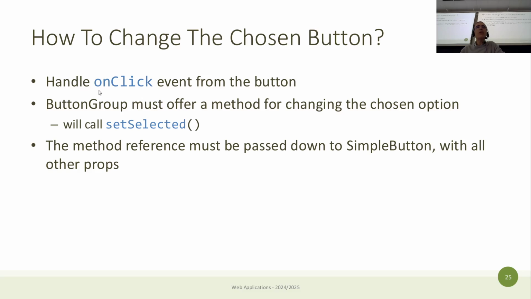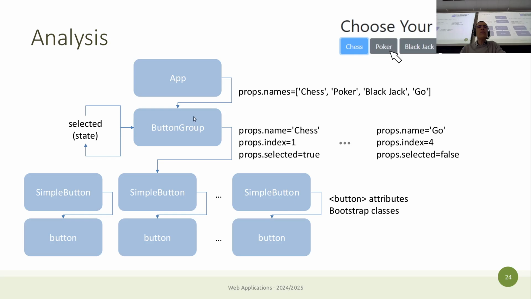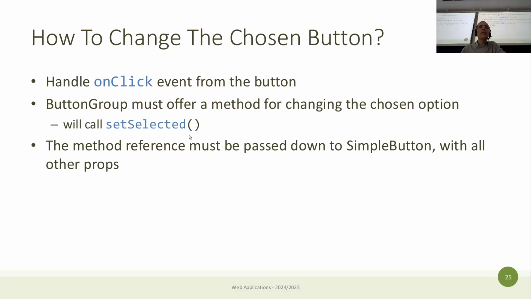Well, we need to handle the onClick event from the button, but we saw the examples until now, they all did the same. And the point is that the button group, so the parent, needs to offer a method for changing which button is selected. And this method needs to be available to the children, to the 4 buttons, because the event handler has to be written in the children 4 times for the 4 buttons.